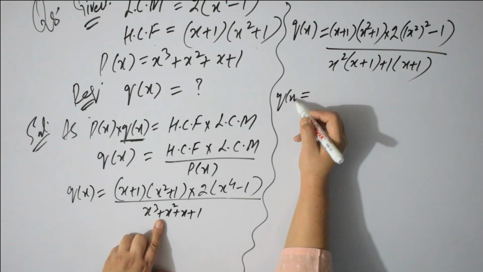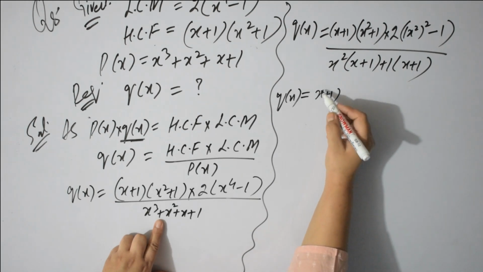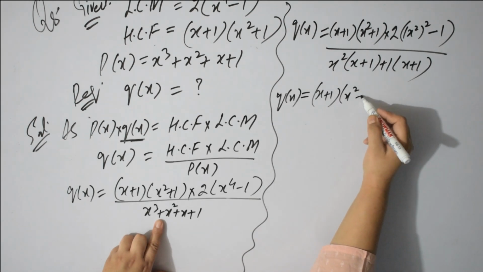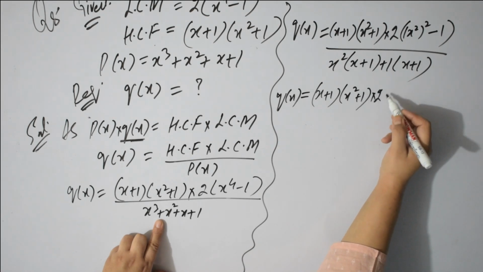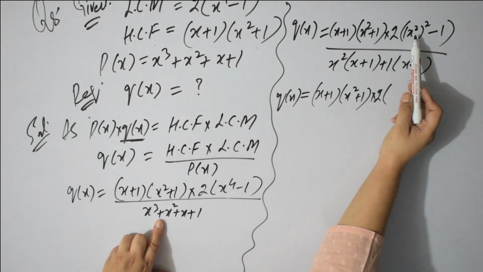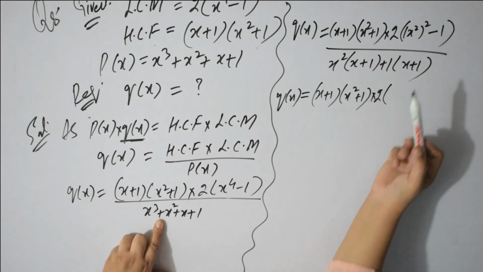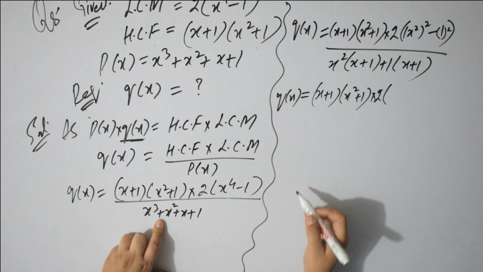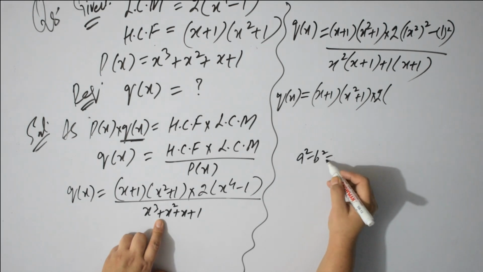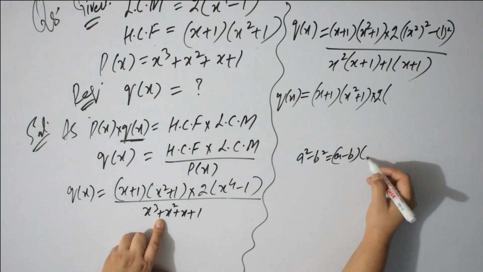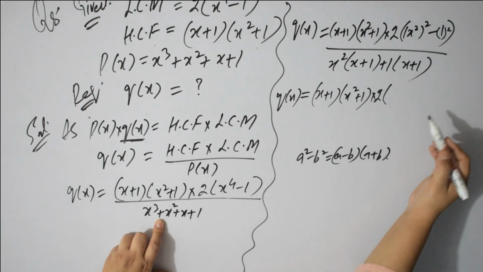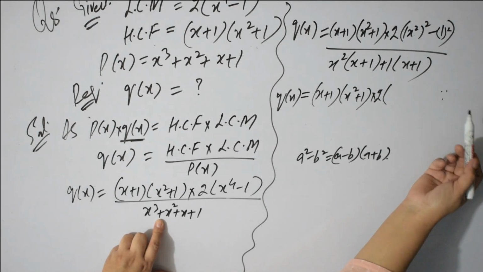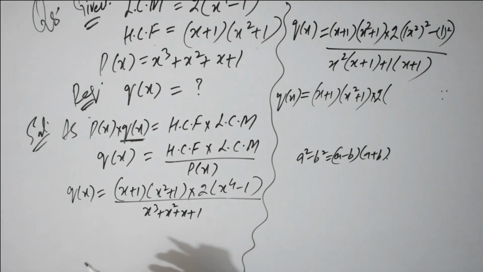So Q of x is equal to x plus 1, x square plus 1 into 2, and I am using the formula a square minus b square. As you know, a square minus b square is equal to a minus b into a plus b. So you will write therefore, and write the formula here, okay.